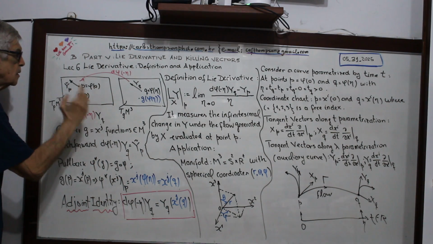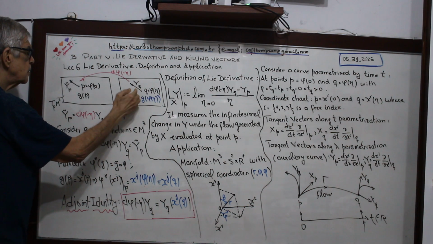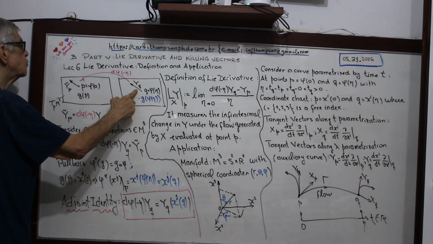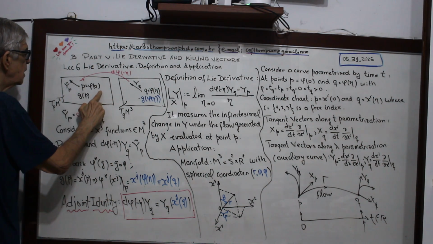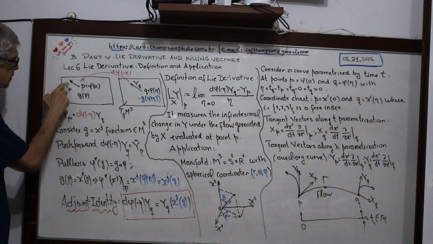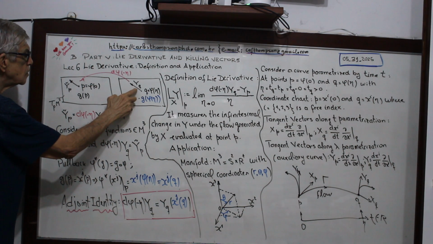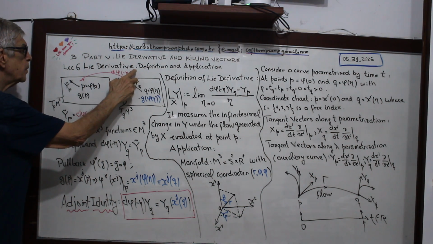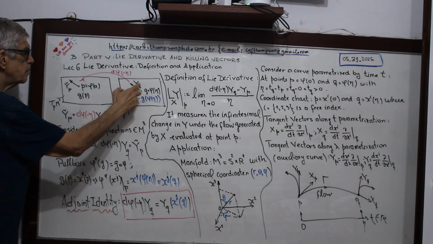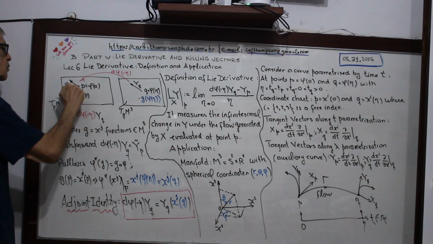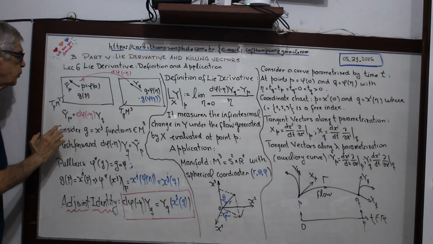This is important because this brings the vector Y_Q to the point P, from Q to P. Then I denote it as Y tilde of P. This operator here is a push forward that takes the vector Y_Q to the point P.